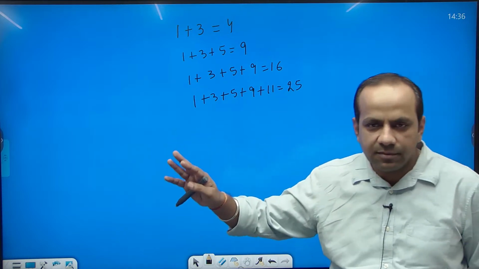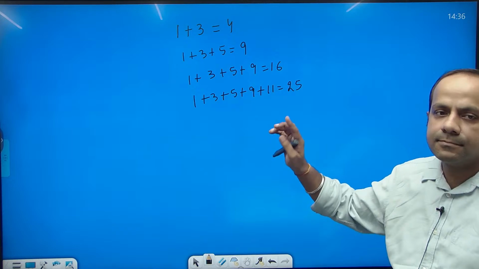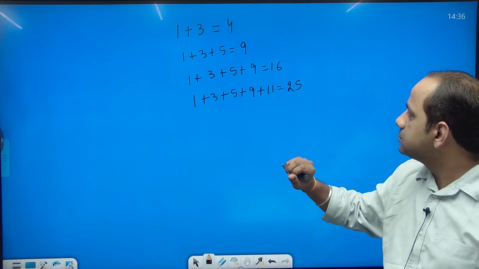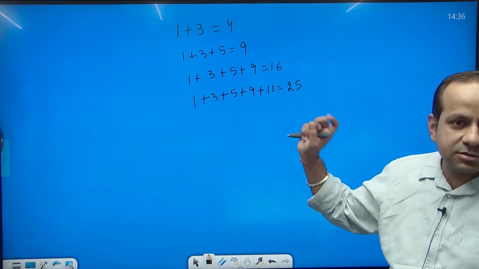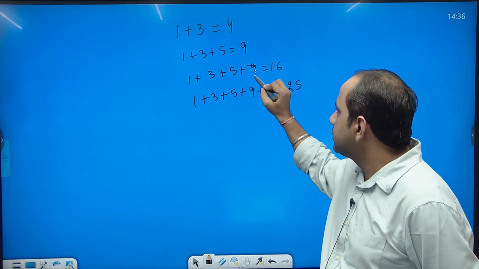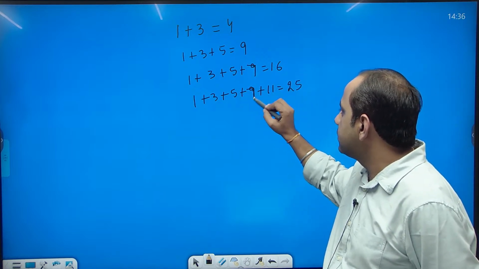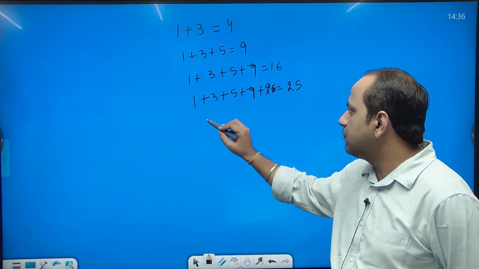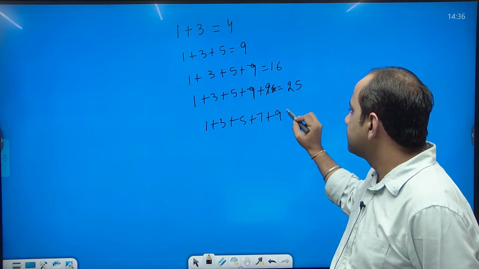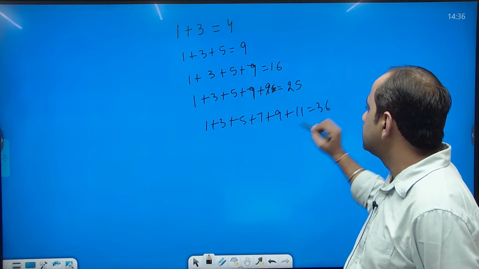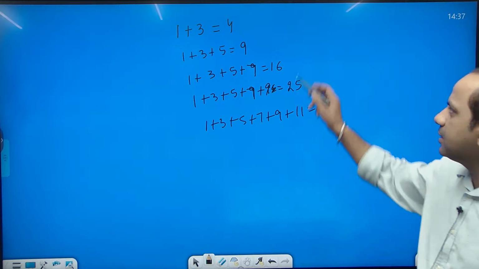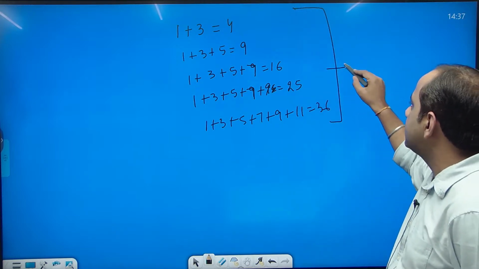Sum of first 6 odd numbers will be? Sorry, it will be 7, and it will be 7 and 9. Sum of first 6 odd numbers, it will be? Sum of first 7 odd numbers, it will be 49.